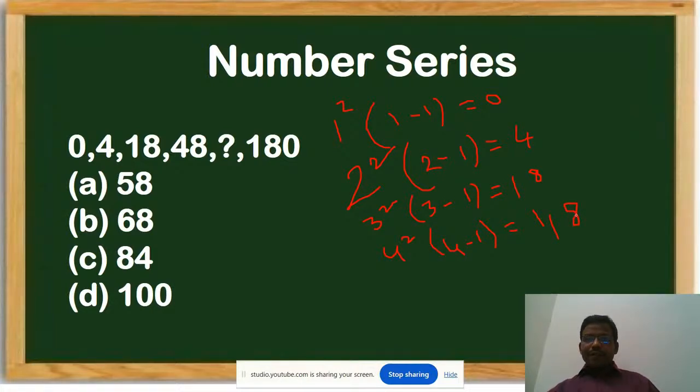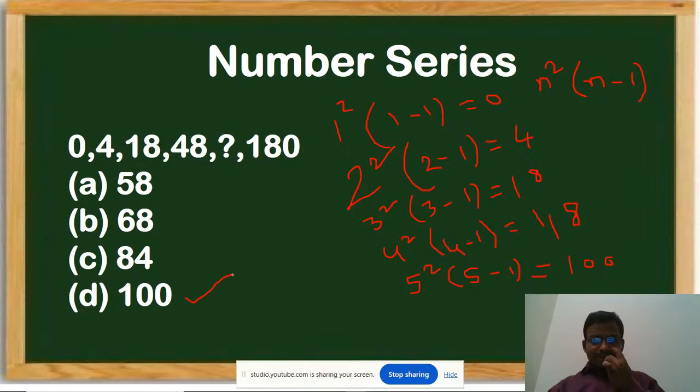Hope all of you understood the logic. 1 square into 1 minus 1, 2 square into 2 minus 1. So the logic is n square into n minus 1. So 5 square into 5 minus 1, 25 into 4, is 100. So option D is the correct answer. Understood?